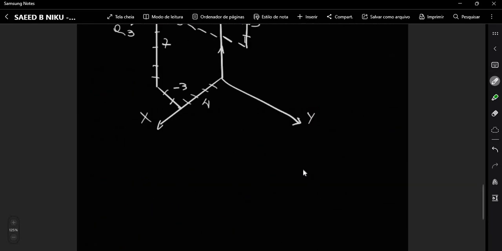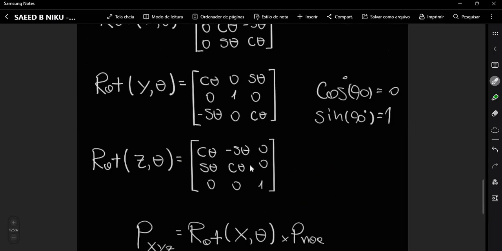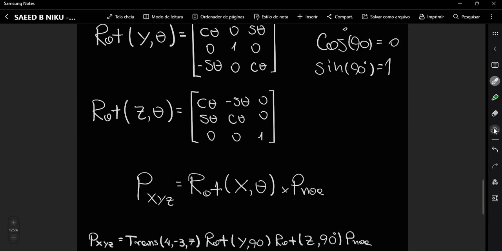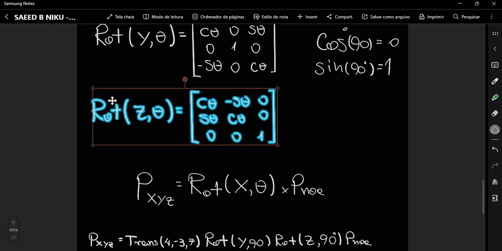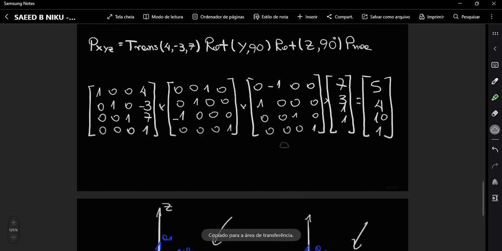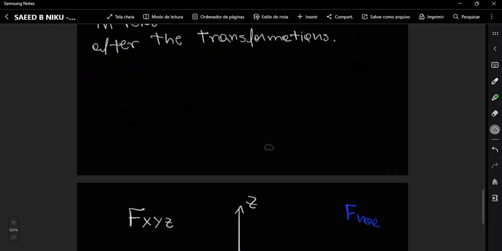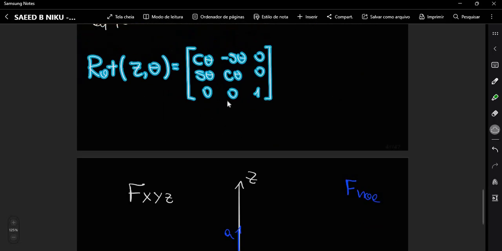It's also important to know the characteristic matrix of this rotation transformation, which is this one. Let me copy and paste it right here because we're going to use it.